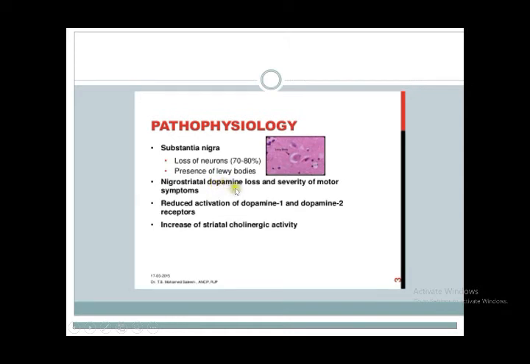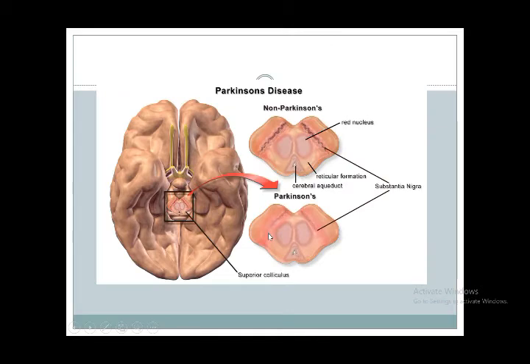So nigrostriatal dopamine loss and severity of motor symptoms are interrelated. The more the nigrostriatal dopamine loss, the more severe the motor symptoms. It will result in reduced dopaminergic activity and increased striatal cholinergic activity. This is what occurs in Parkinson's disease.